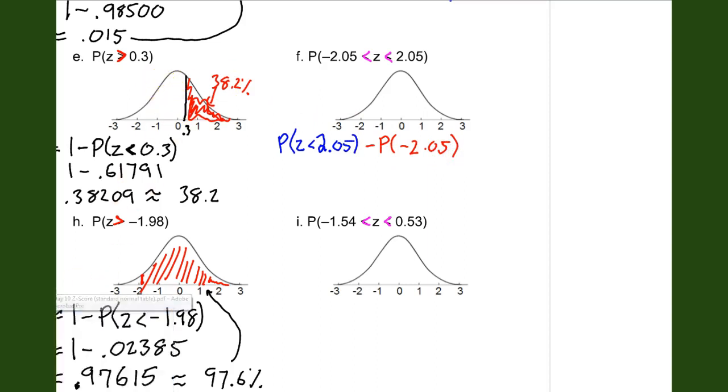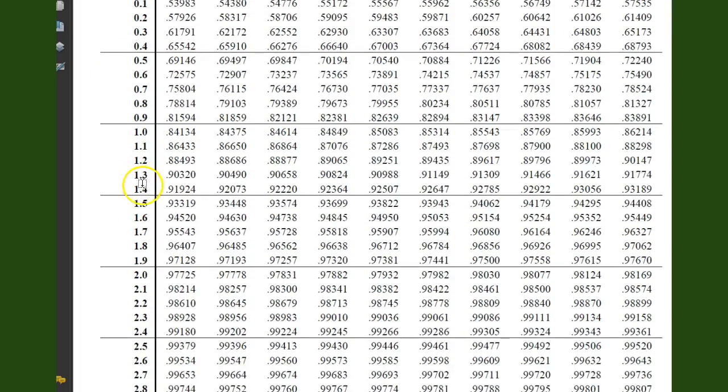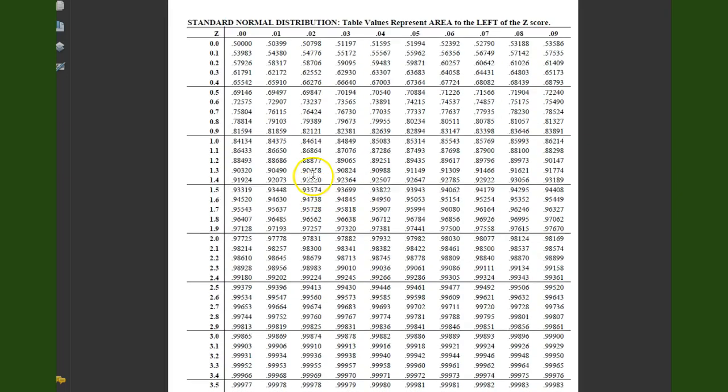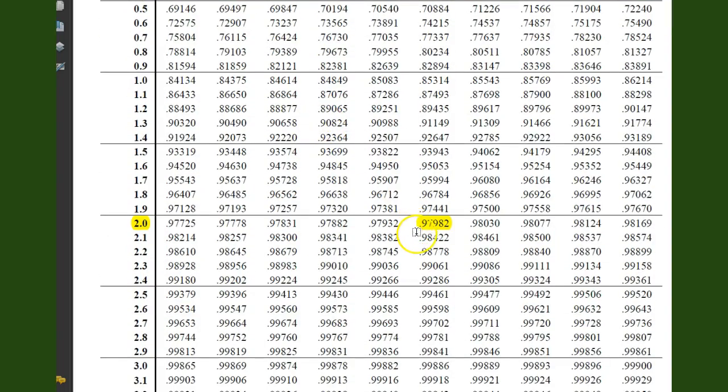So first the positive here, 2.05. Here's the 2. Here's the 0.5. So those are going to converge right here at 0.97982.